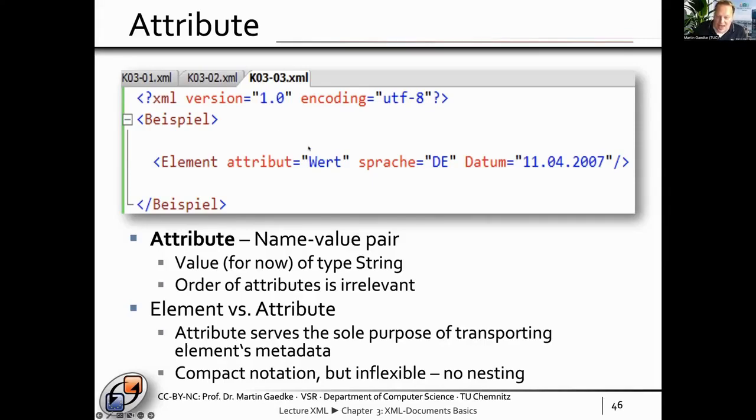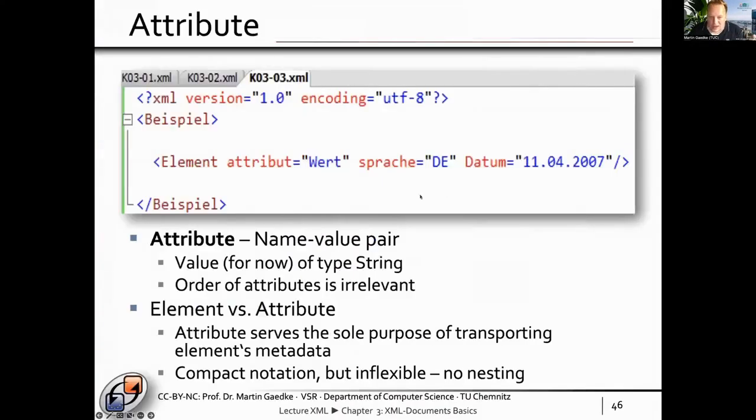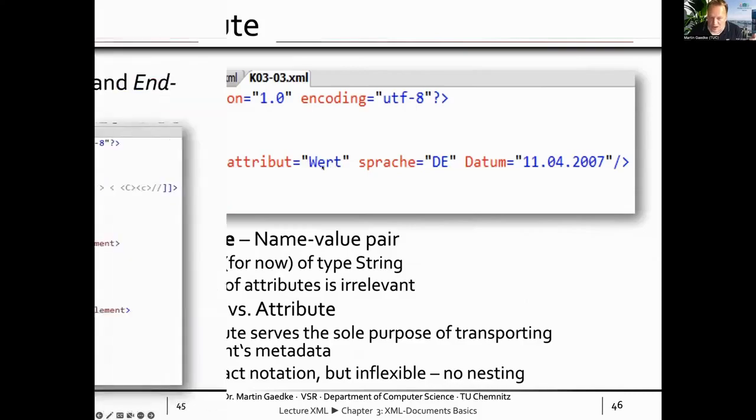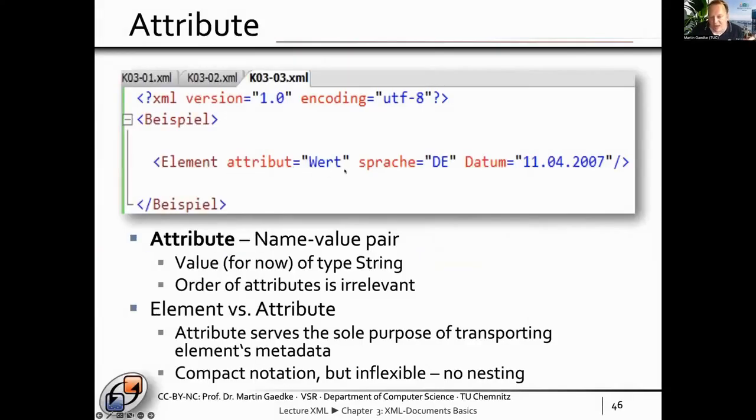And it is your freedom and your power, as the author of the XML document, to define whether you want to have this value, Wert, as part of the content model of the element. For instance, you might say, I want to have this Wert, this value, as part of an unstructured content model. Or you might say, no, I want to have this value added to this element as an attribute.